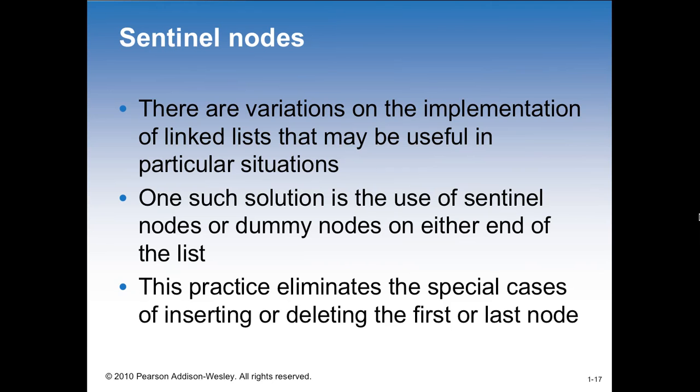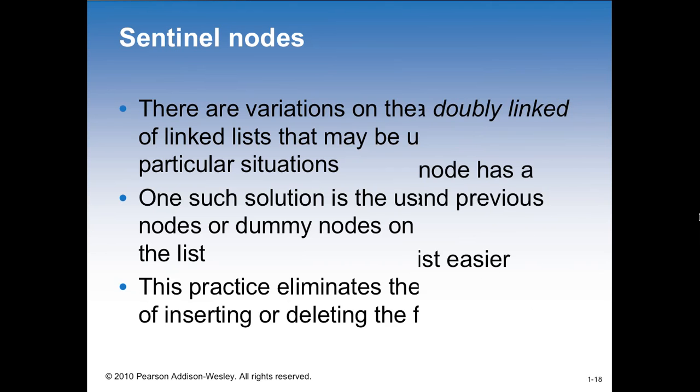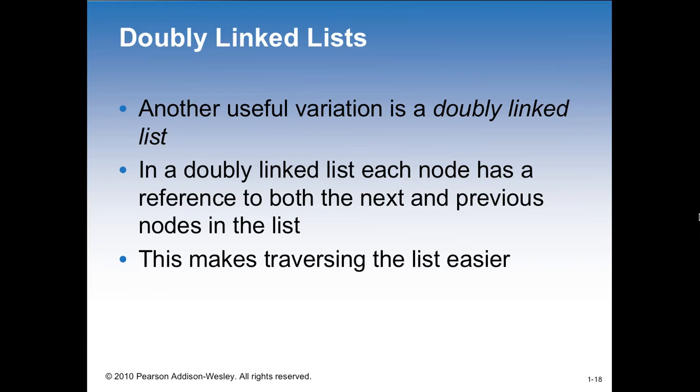This practice eliminates the special case of inserting or deleting the first or the last node, because you have something already there, and it makes all of the operations consistent, because the first never gets changed. It's always the first, and then we have a dummy next to it, and then we have the list. So we keep track of it. It makes insertion anywhere in the list equal to any other insertion anywhere in the list. So it makes the structure a little bit easier abstractly.